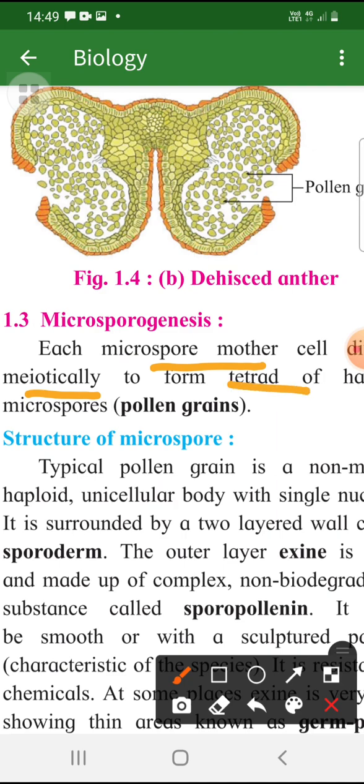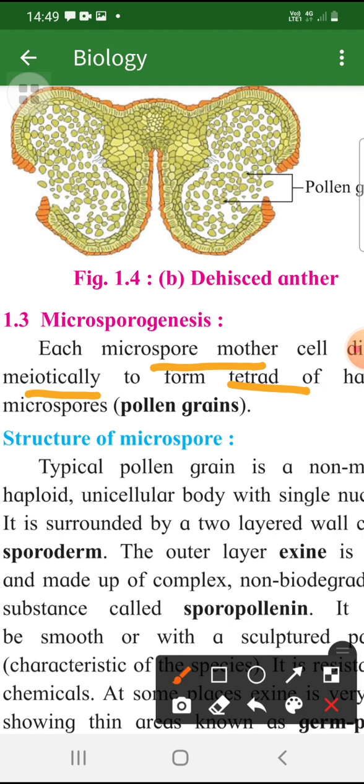Tetrad इसलिए क्योंकि एक 4 बनाता है, because you remember meiosis में 2 sets थे, meiosis 1 and meiosis 2. So that will happen, and at the end you're going to get 4 microspores. So it should be very clear in your mind what is a microspore. Microspore in plants means pollen grains. So they are the male gametes in a flower.